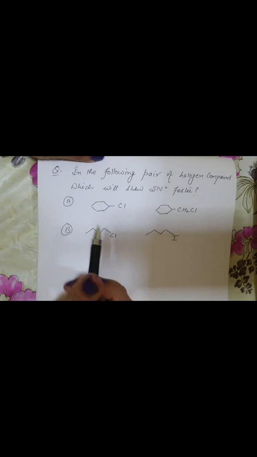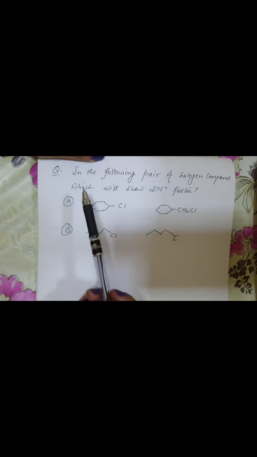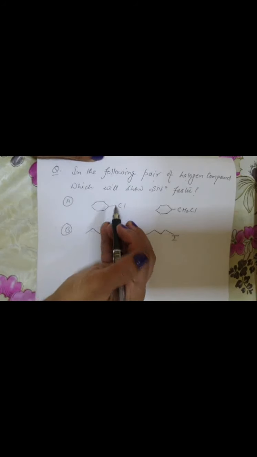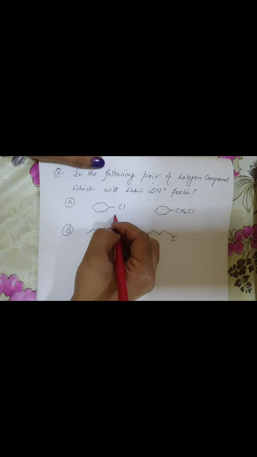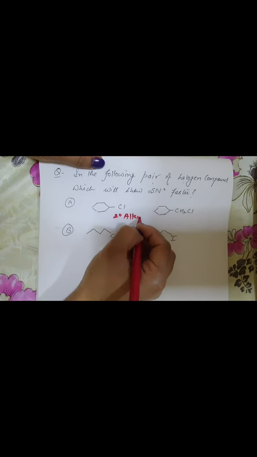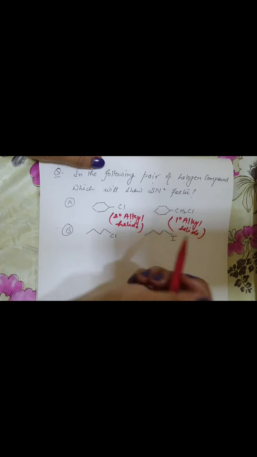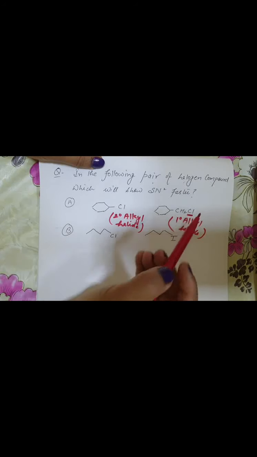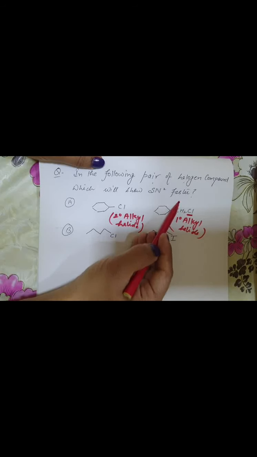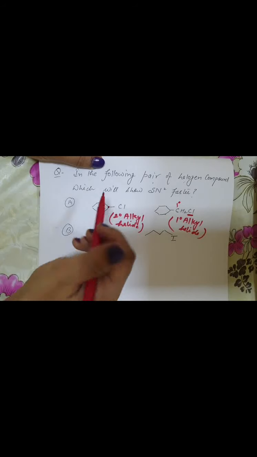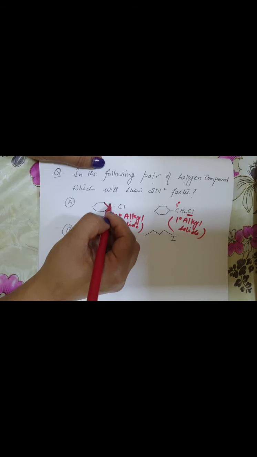Now consider an example. In the following pair of halogen compounds, which will show SN2 faster? In the first case, this is secondary alkyl halide and this is primary alkyl halide, because in this case the chlorine atom is bonded with the primary carbon atom, while in this the chlorine atom is bonded with the secondary carbon atom.